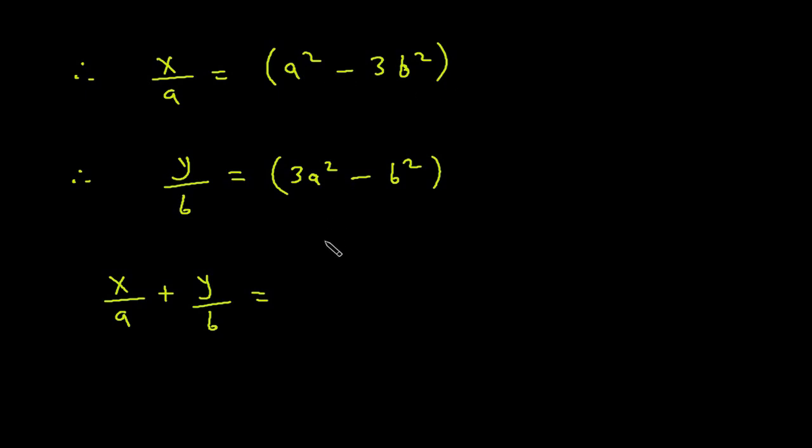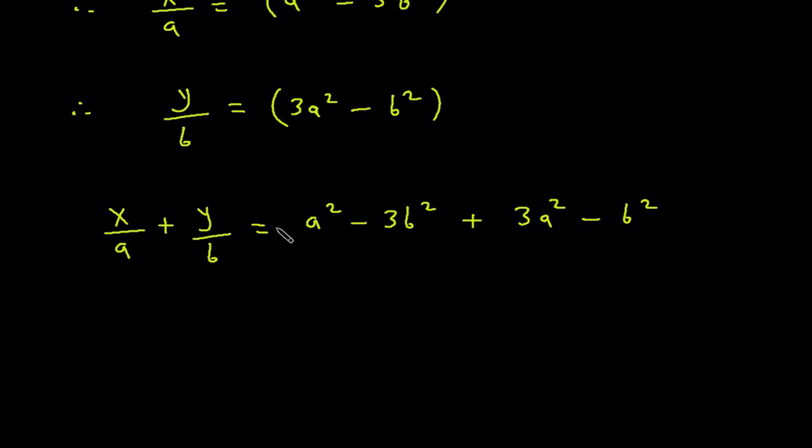So here this will be a² − 3b², and this will be plus 3a² − b². Now we will simplify this. So here we can see this will be a² and this is 3a², so this will be 4a², and here this is −3b² − b², so this will be −4b².